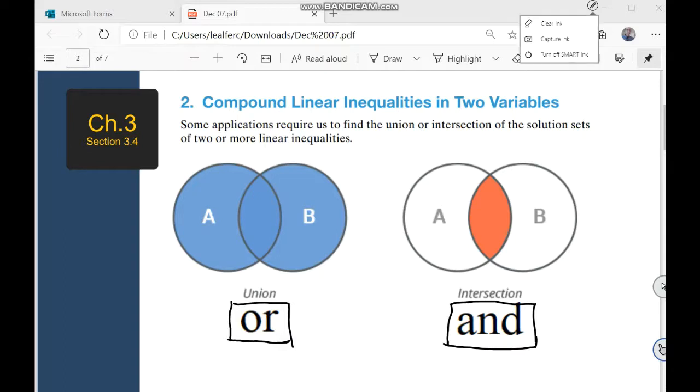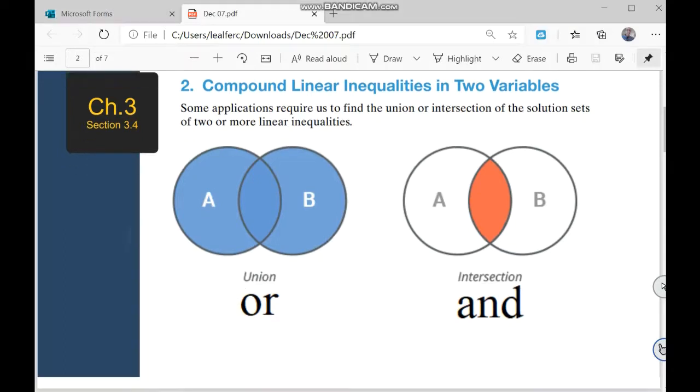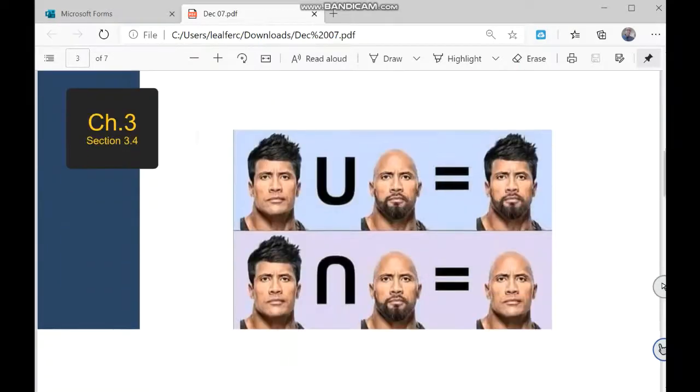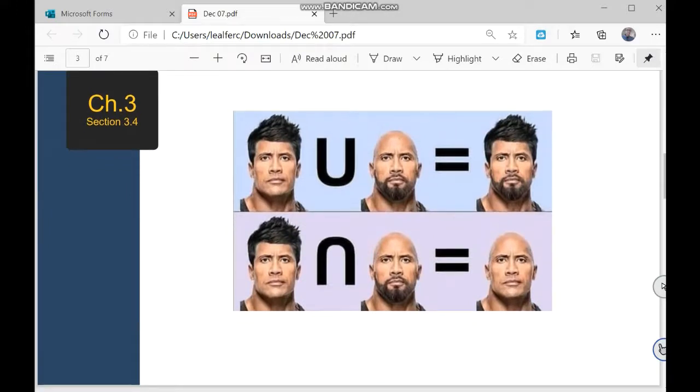So the next slide is a funny slide to help you remember union and intersection. The first one is union, which is or. If you have the face with hair or the face with beard, then you're going to have the face with hair plus beards, all together. This is union, and the word is or.